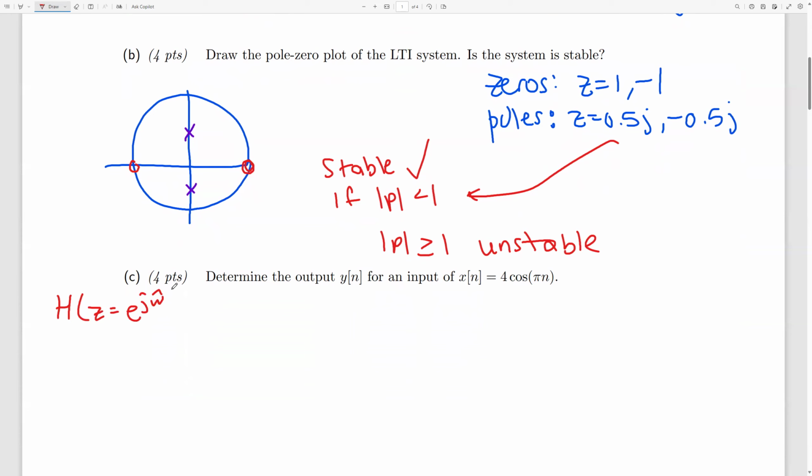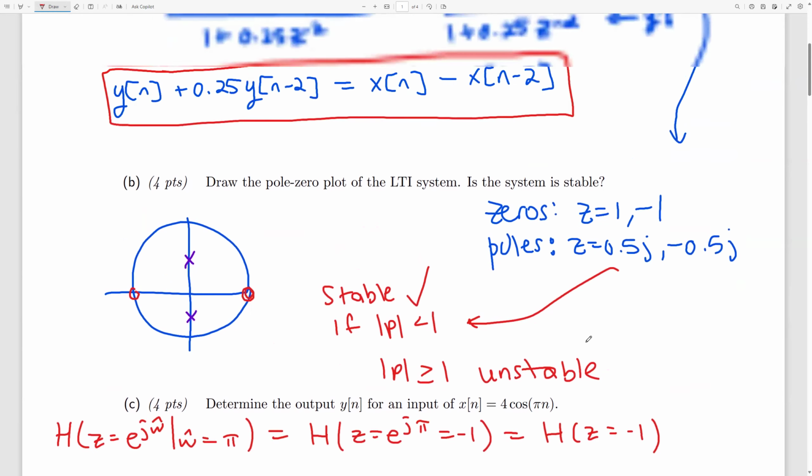And in this case, omega hat equals the frequency of the input, pi. And this is equivalent to saying, well, z equals e to the j pi equals negative 1. So practically, you just need to substitute z equals negative 1 everywhere in your transfer function above.